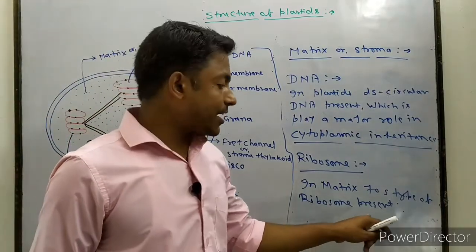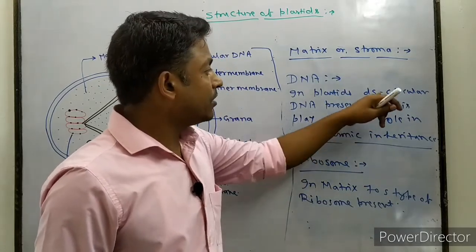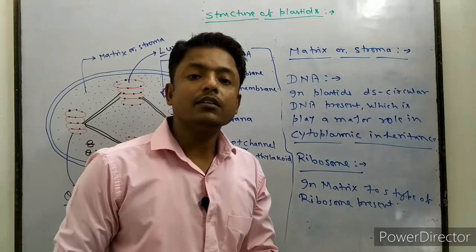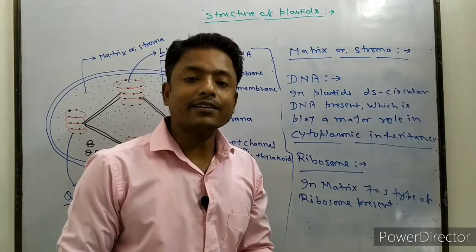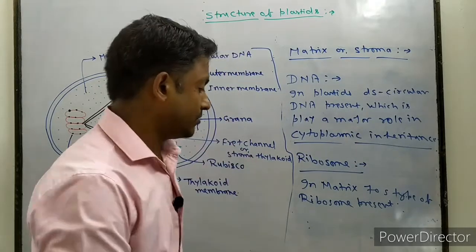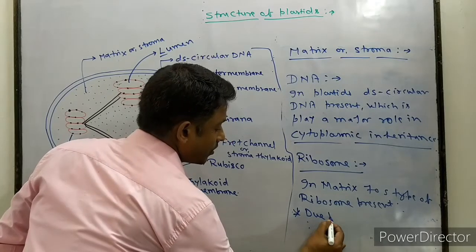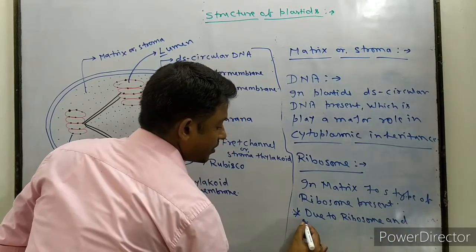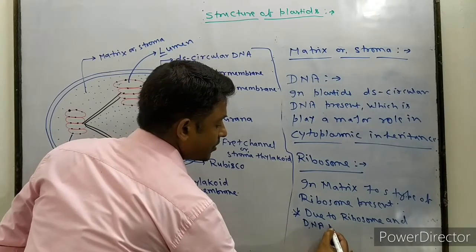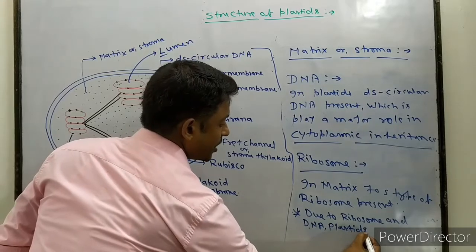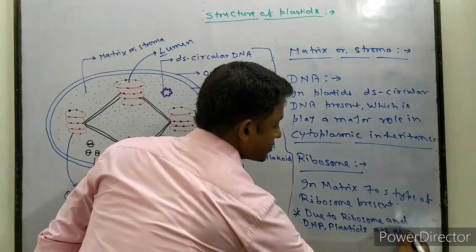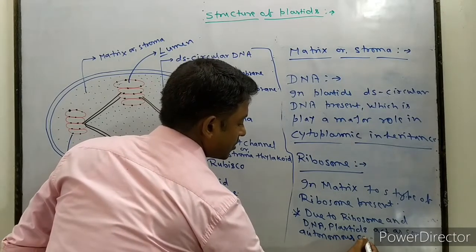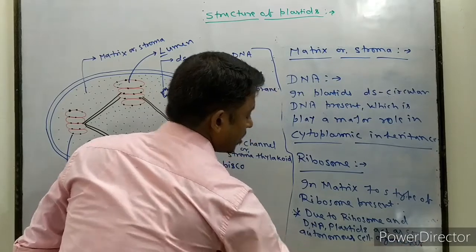Due to the 70S type of ribosome and double stranded circular DNA, plastids act as semi-autonomous cell organelles.